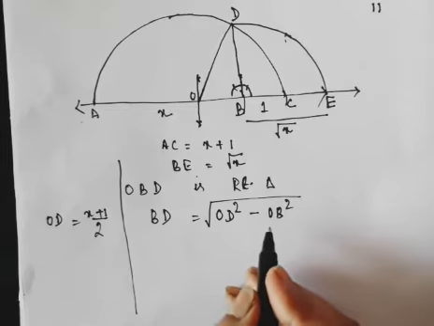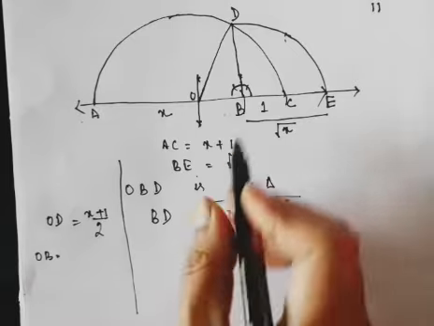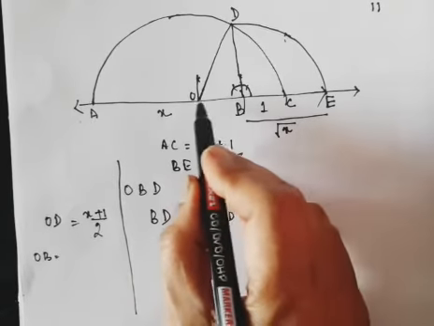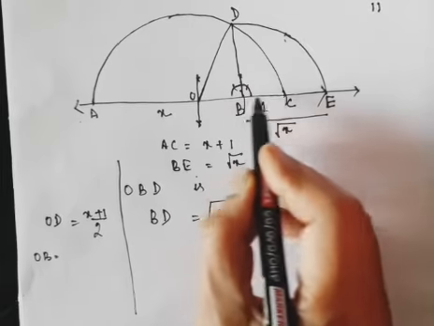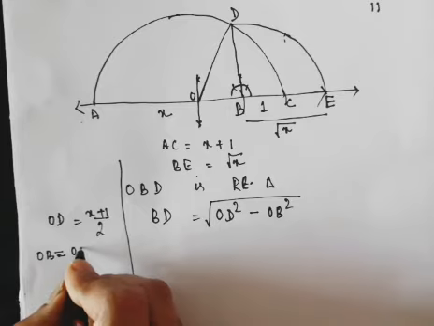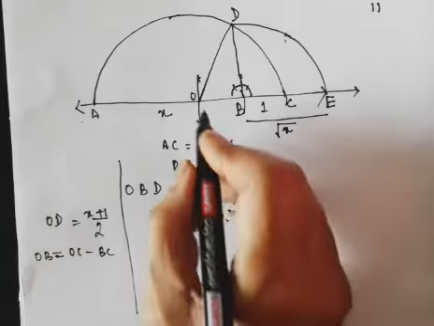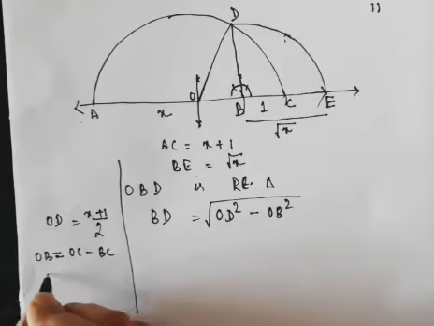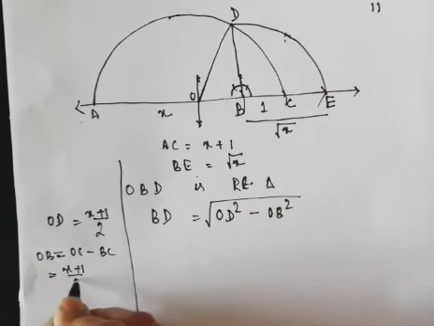Now come to the length of OB. What is the length of OB? You see the figure here, OB is equal to OC minus BC. But what is OC? OC is equal to (x plus 1) by 2.